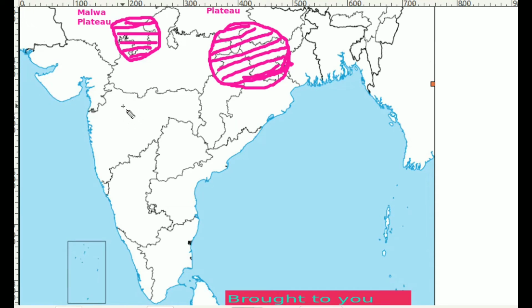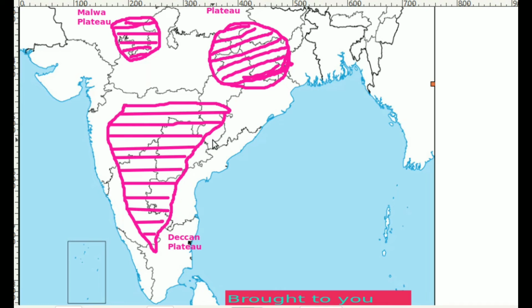Then the third one, the oldest and biggest plateau in India. It is Deccan Plateau, between the Eastern Ghats and Western Ghats, almost covering South India.